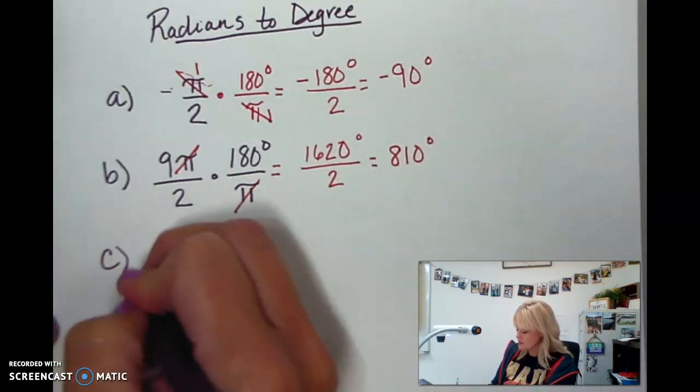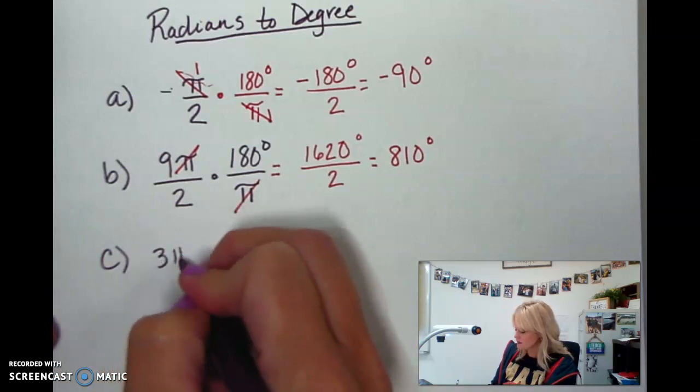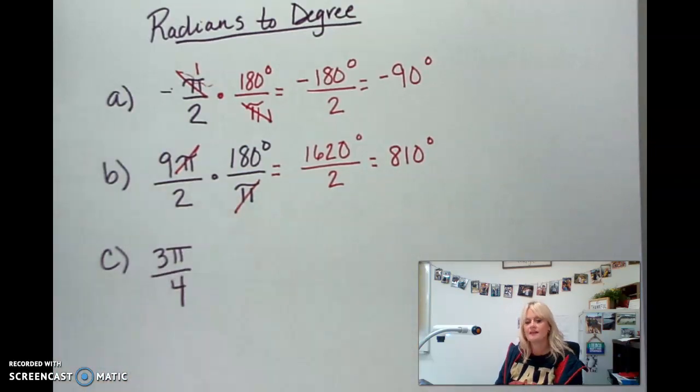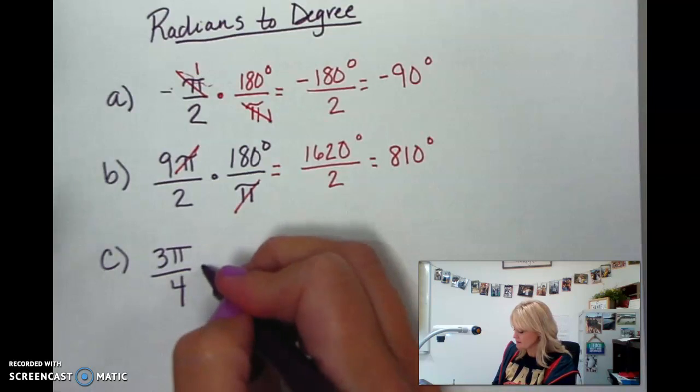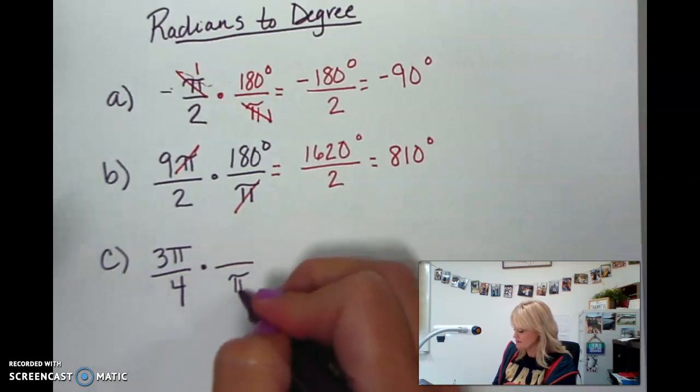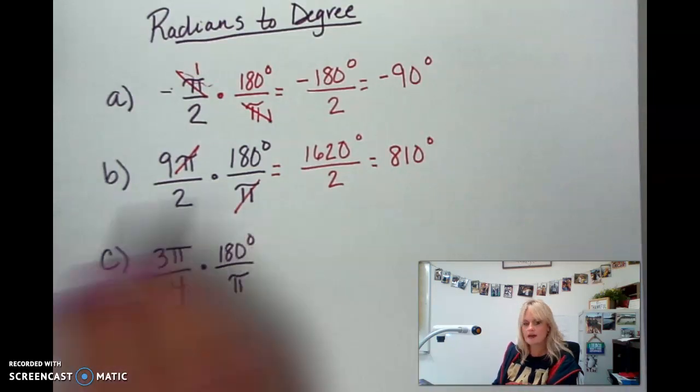All right, you try this one on your own. What does 3 pi over 4 convert to in degrees? Again, I'm going to put pi on the bottom, 180 degrees on top.